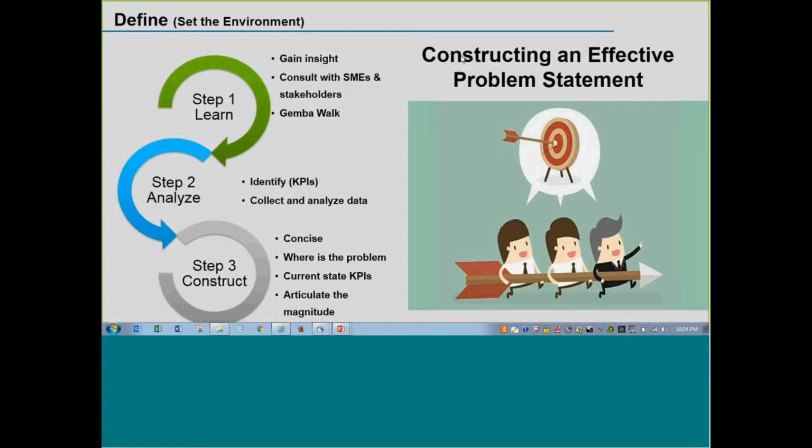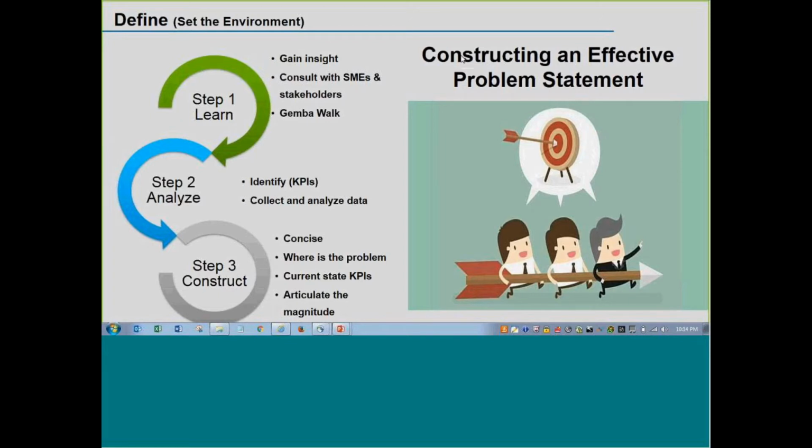The first step to doing that is to gain insight into the problem. So you can gain insight primarily by talking with subject matter experts in the particular area or process that you're working on, and with other key stakeholders. So your project sponsor is going to be a great person to talk to.